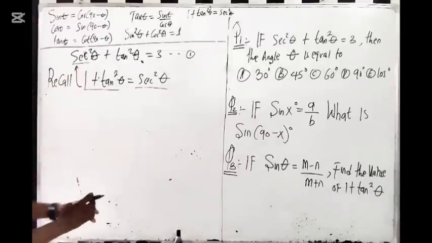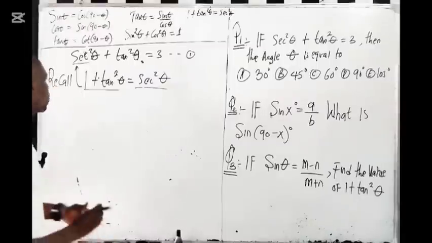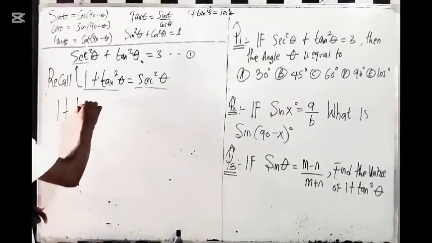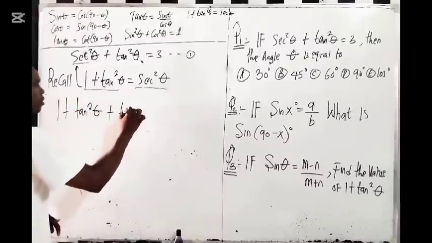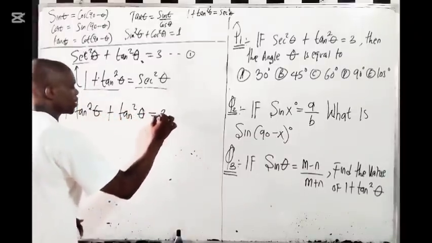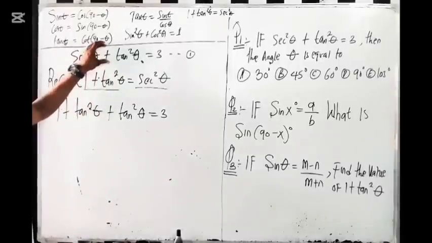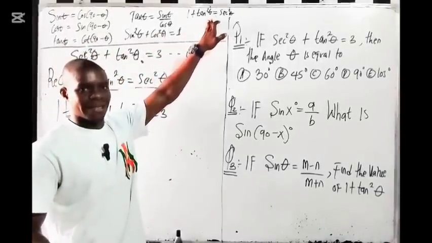I will place the whole of this into the equation. What will happen now? I will rewrite it as 1 plus tan squared theta, plus tan squared theta equals 3. Do you understand? It's very easy. This is the question for my identity here. This is what I derived.